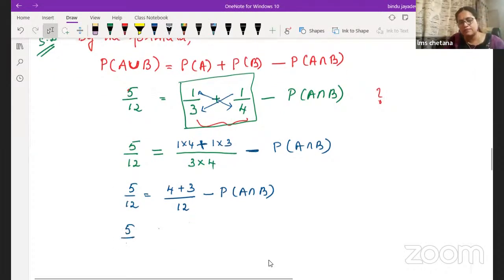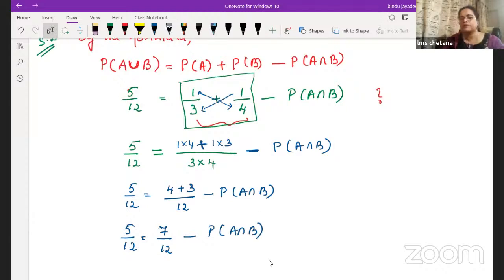You can skip some steps, but those who are not clear about the fraction, please write all the steps. Okay, 7/12 minus probability of A intersection B. We reach up to here now. Have you done? Plus. Correct.